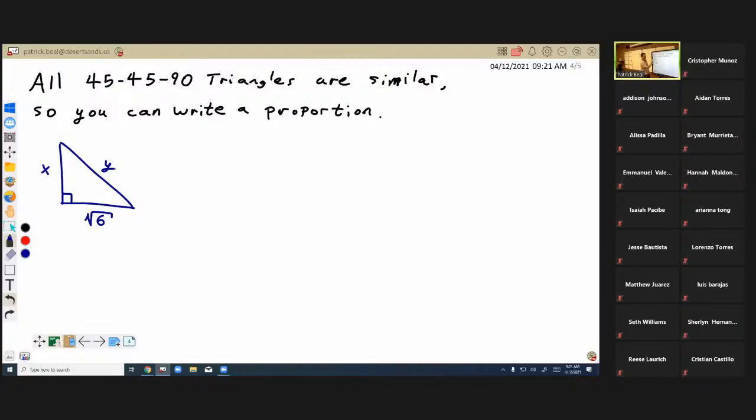And of course, this is a 45, 45, 90. All right, so starting out with the easier one, which is x. If this leg is the square root of 6, how long is the other leg?